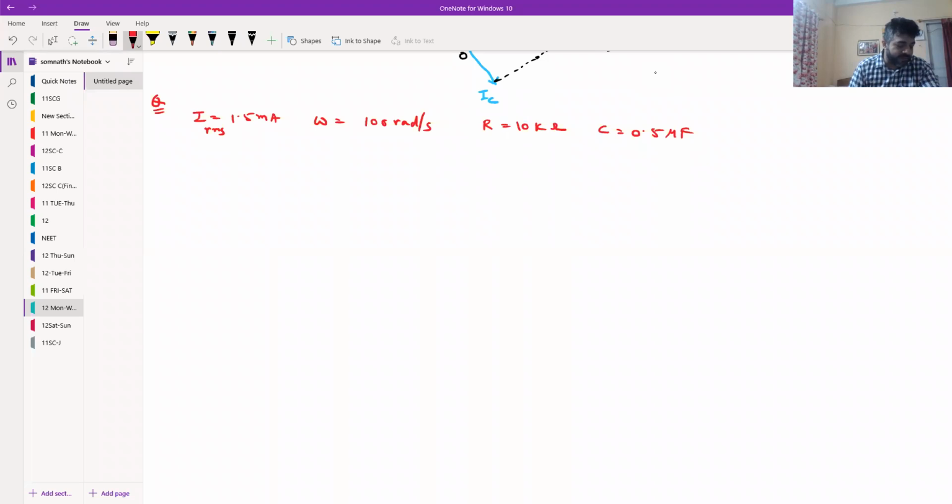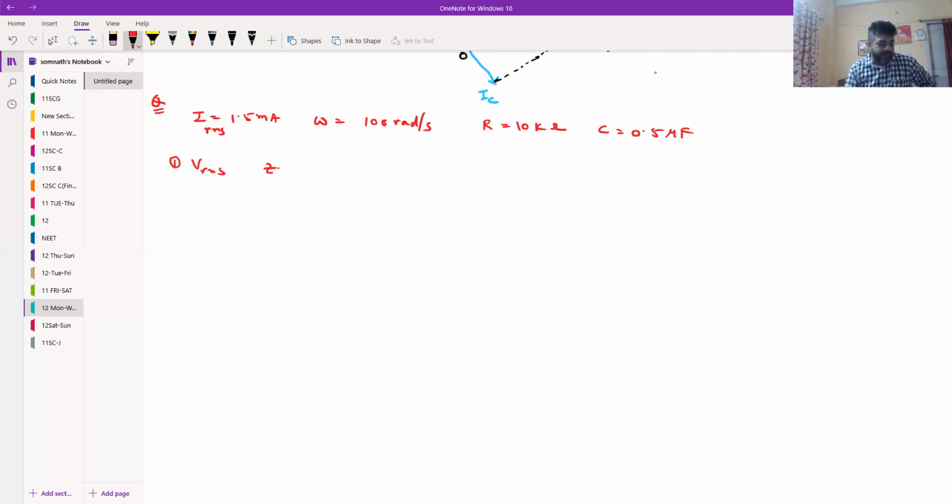Calculate the RMS voltage across the capacitor, and also calculate the impedance of the circuit.